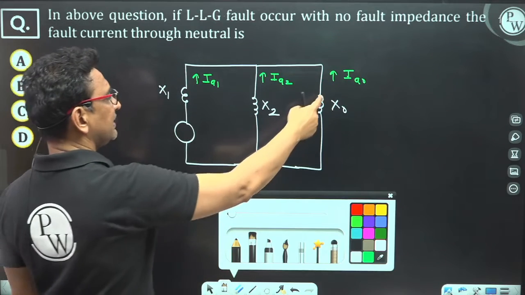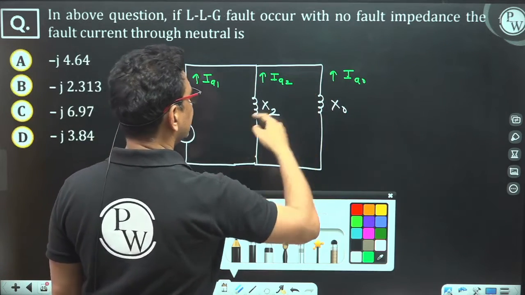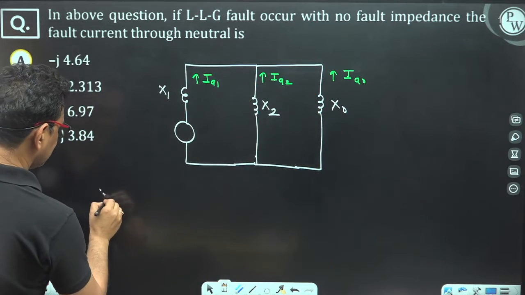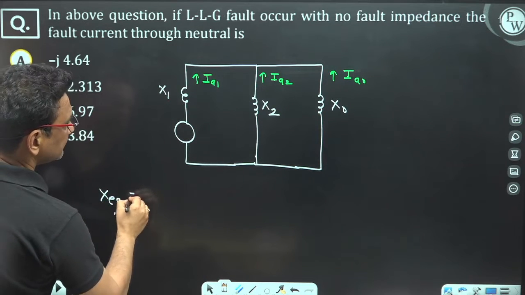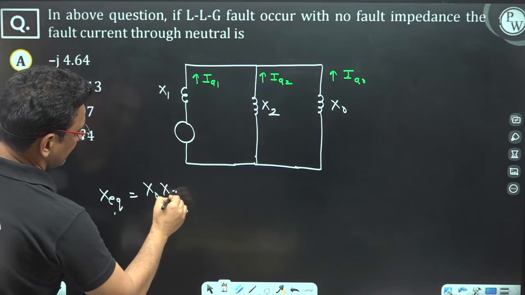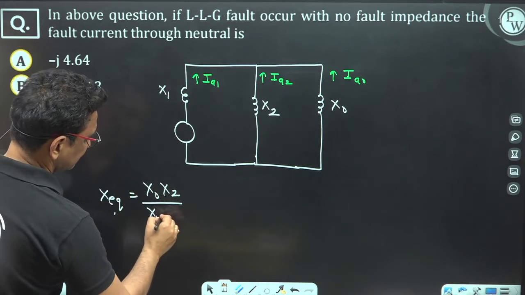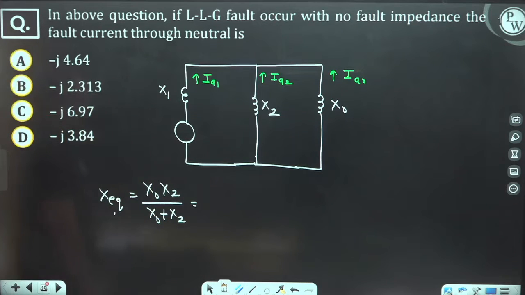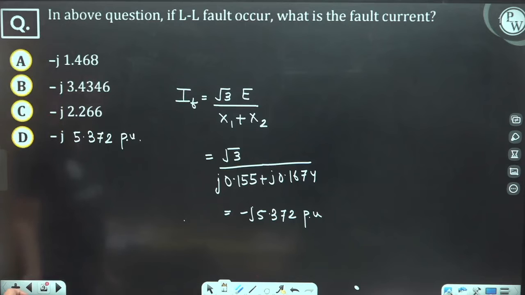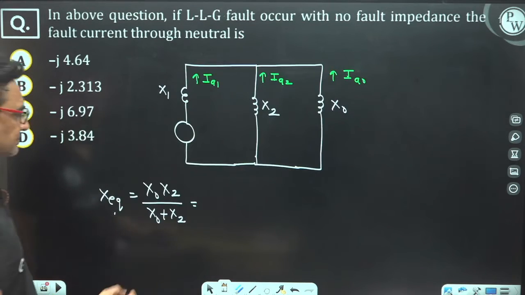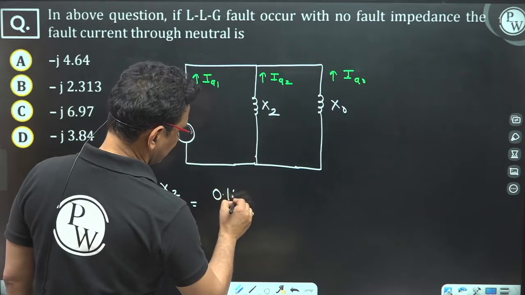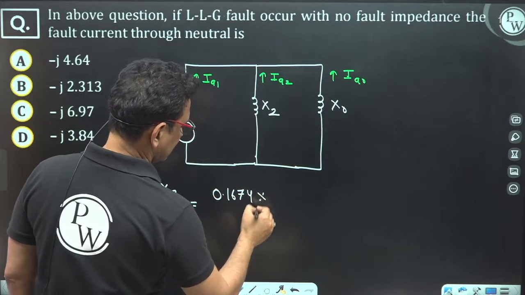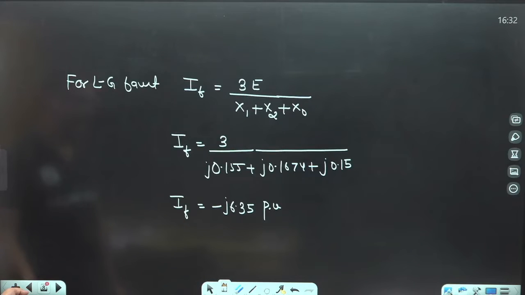First, I will find out the X equivalent of X0 and X2. So just find the X equivalent, which is X0 into X2 divided by X0 plus X2. X2 is 0.1674 and X0 is 0.15.